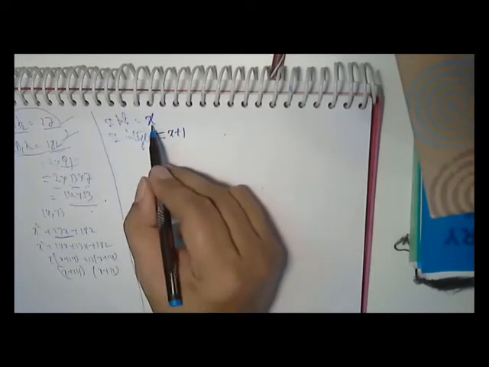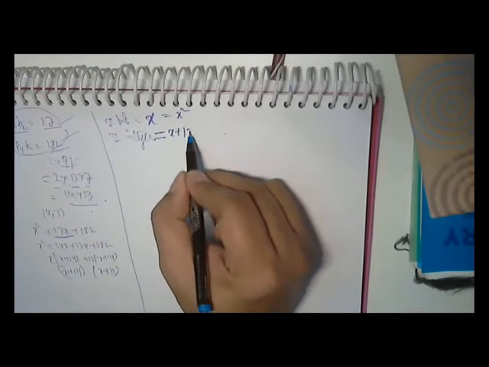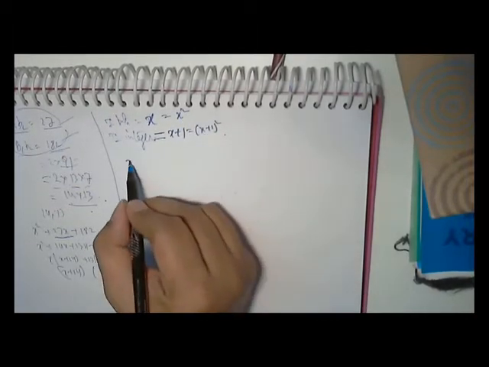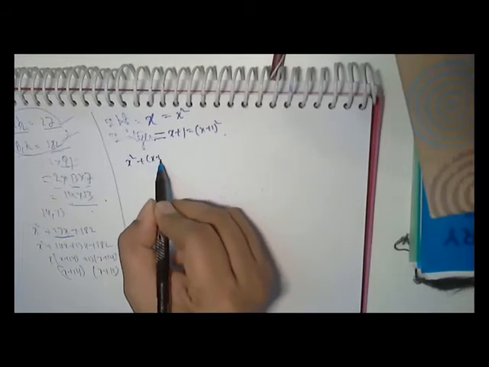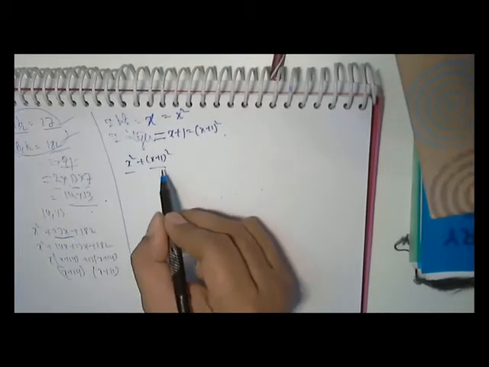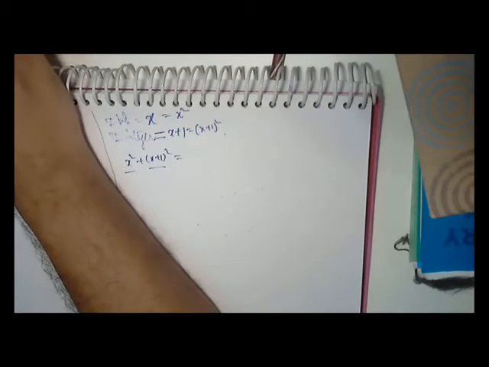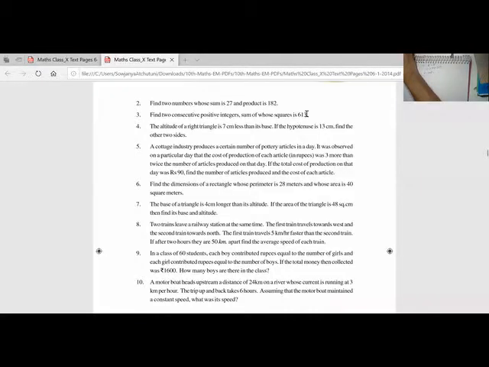So what are the squares of these integers? x square, and the square of the next is x plus 1 whole square. The sum of these two squares is equal to 613.